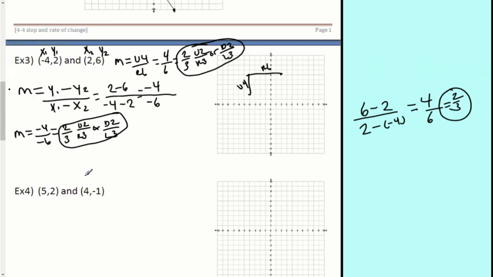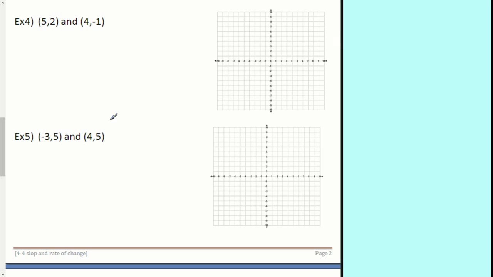Let's try it again with example 4. We're going to go a little bit faster now. All right. Find the slope of this line. If they give me the 2 points, I'm going to use the slope formula. So slope equals y1 minus y2 over x1 minus x2. Okay, label your points.